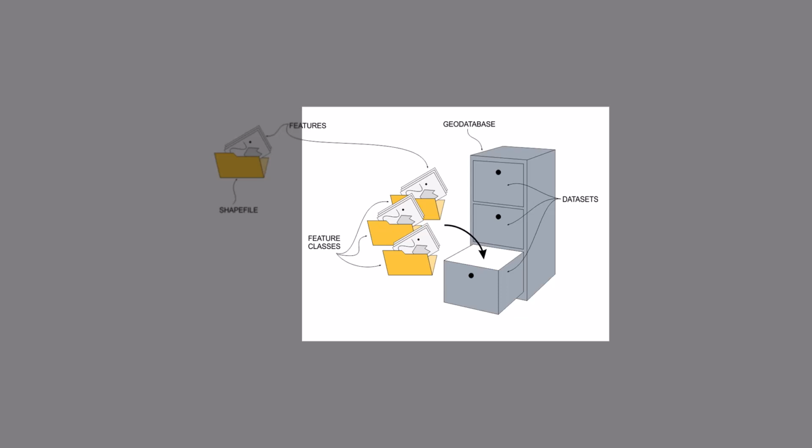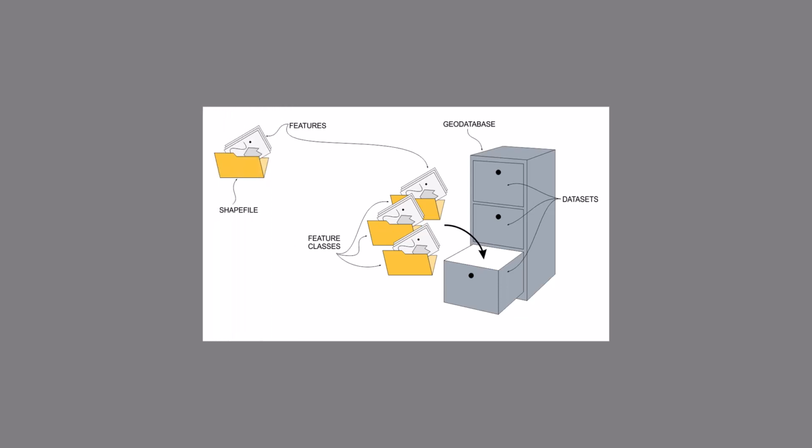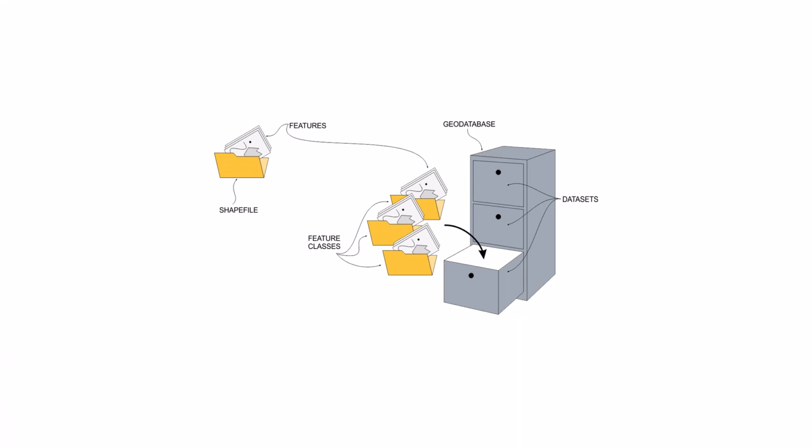Each feature class will correspond to a single type of geometry, that is, a feature class will be able to record objects of the type point, line, or polygon. Still, it will not be able to mix different geometries, as is the case with shapefiles. However, as each dataset can store several feature classes, the same geodatabase can store different geometries.